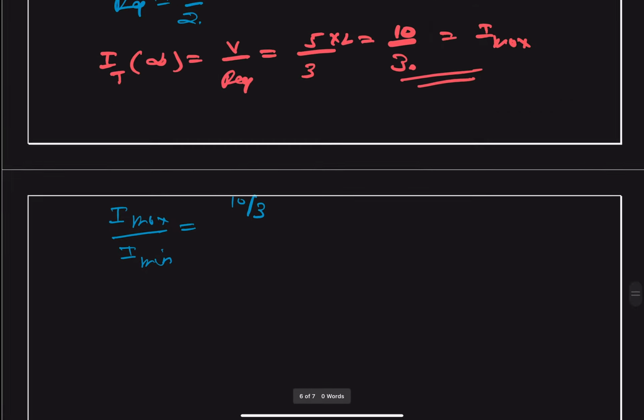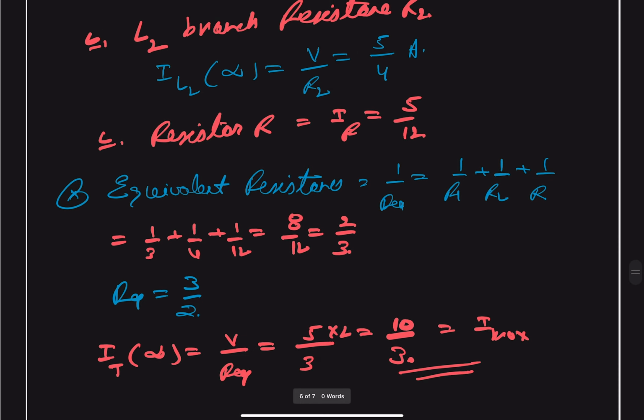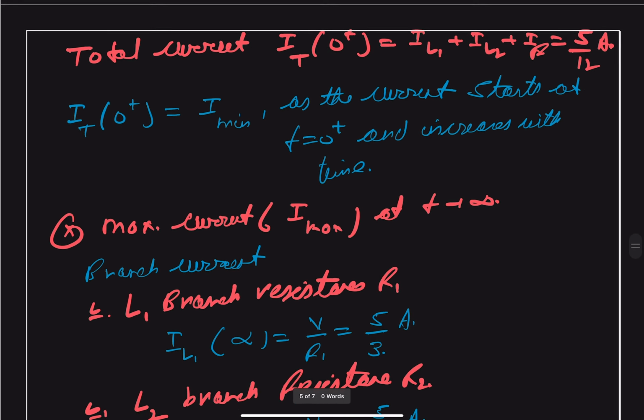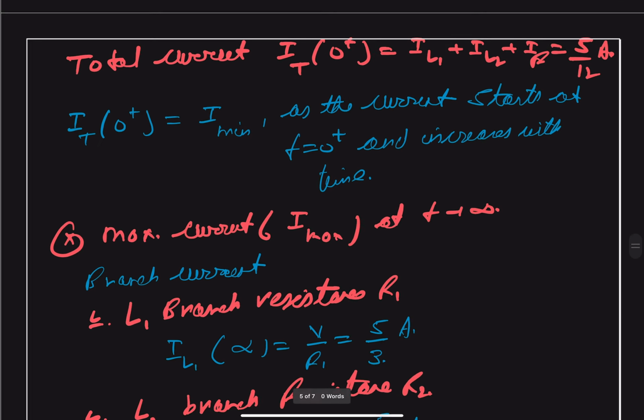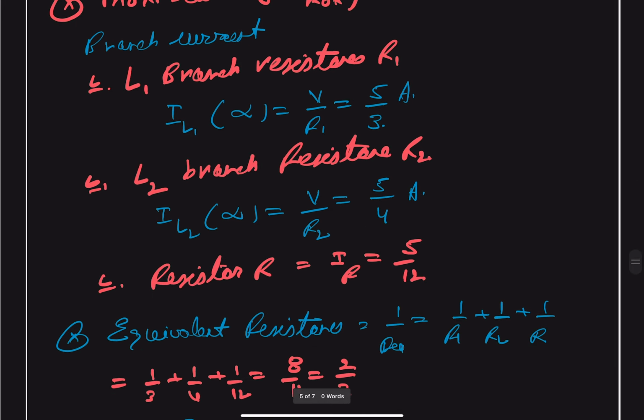We have to simply find the ratio now. The ratio is Imax upon Imin. This comes as 10 upon 3, and Imin is 5 by 12.